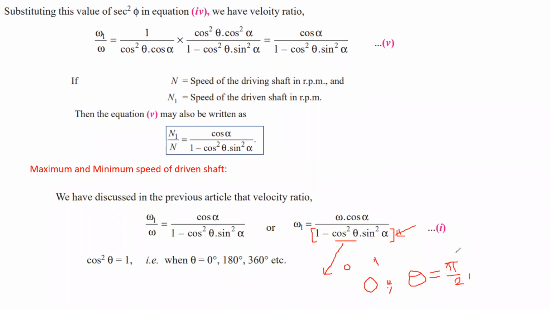So when theta is 90 degree, then cos theta is 0. So 1 minus 0, 1. And you will get the minimum value of omega 1 as omega into cos alpha. Okay. So value of cos theta is 0 when theta is equal to 90 degree or 270 degree.